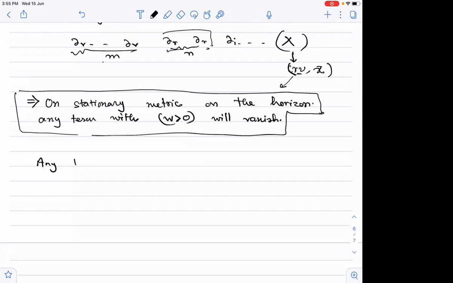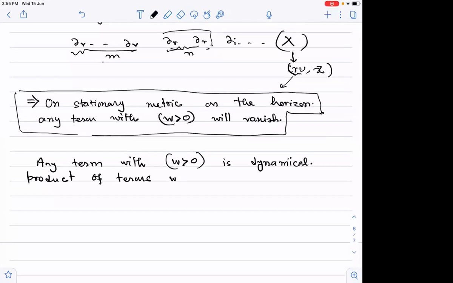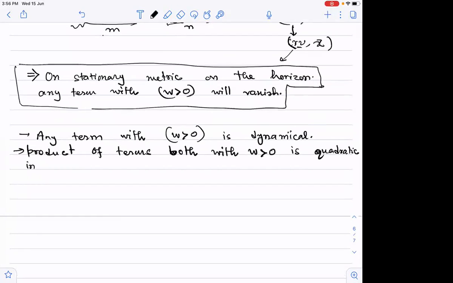This is how we quantify the departure from stationarity. It will not be used for the zeroth law, but in response to the question of how I can quantify it: the first term is dynamical, the second term is also dynamical, so the product must be quadratic in any amplitude expansion in dynamics.